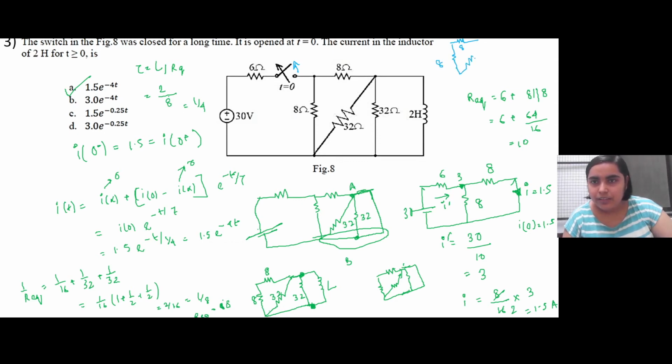This is a 32 ohm resistance, there is another 32 ohm resistance, and the inductor is connected here, right? So this 8 plus 8, 16 here, is parallel with 32, parallel with 32. So this is three resistances in parallel with each other.